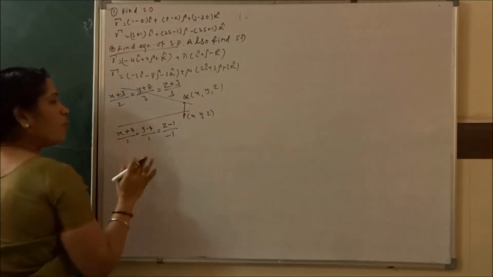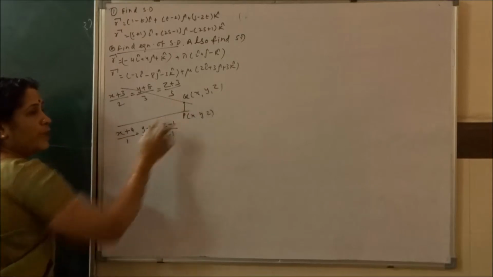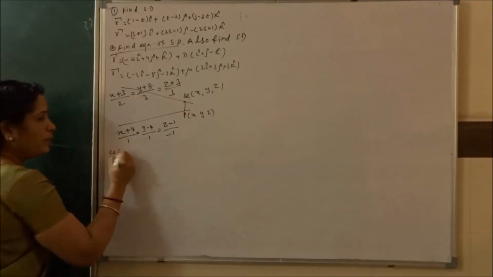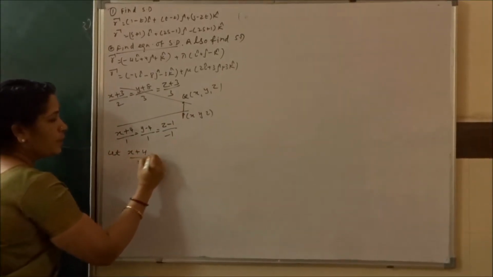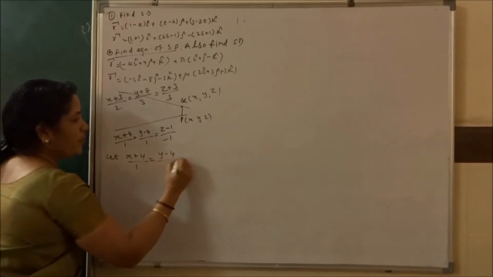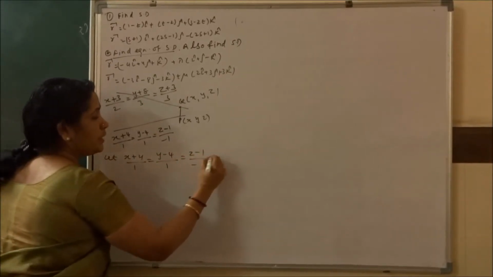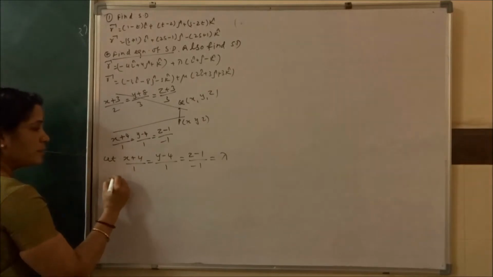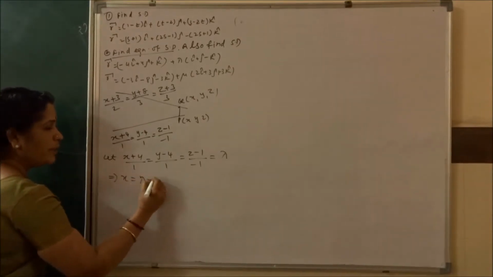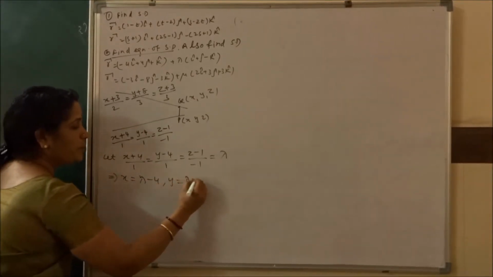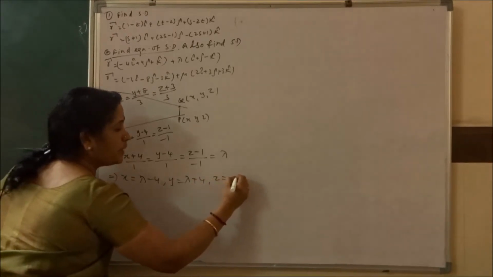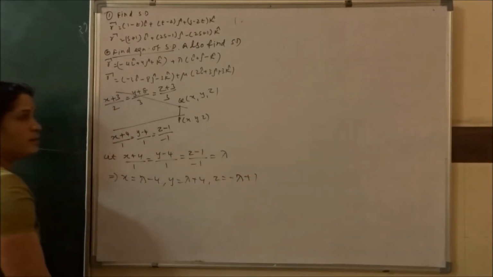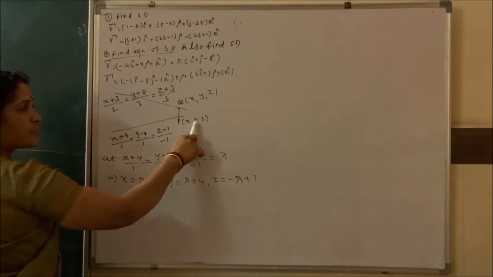Clear? Now how to find this equation of PQ? Let (x plus 4)/1 equal to (y minus 4)/1 equal to (z minus 1)/(minus 1) equal to say lambda. This implies x is equal to lambda minus 4, y equal to lambda plus 4 and z equal to minus lambda plus 1. Clear? So this point I got, x, y, z.